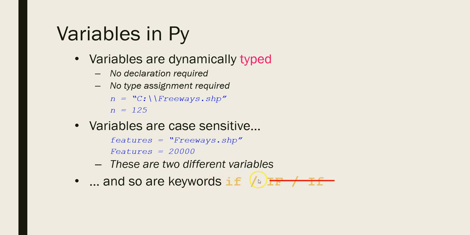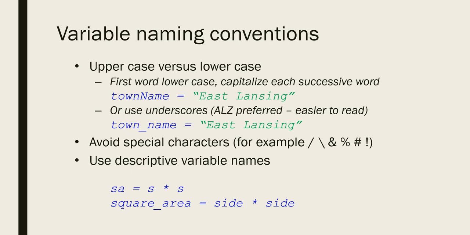That is incorrect, because if is a keyword and it does a specific thing, so Python's going to complain. And again, keywords are case sensitive. If you write if with uppercase, for Python that's going to be a variable name. Okay? So you have to be careful with case sensitivity.